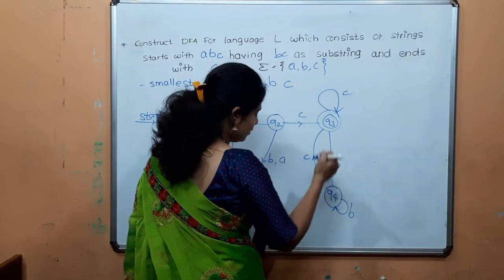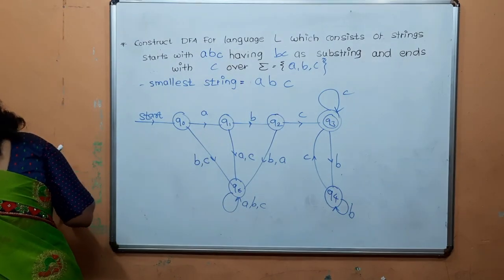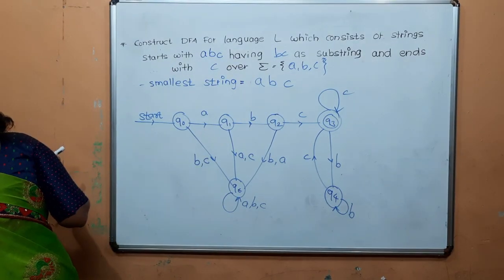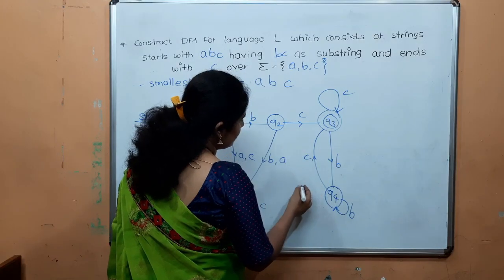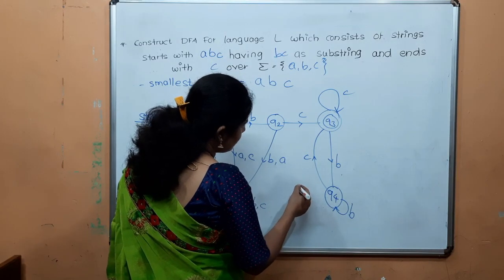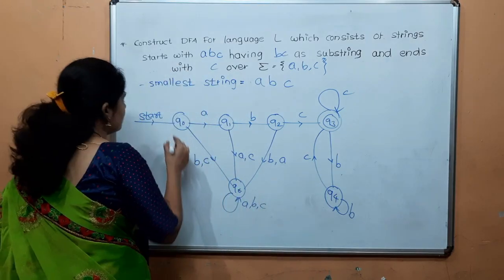A, C, which is invalid. Okay, A will occur. A, B, C.